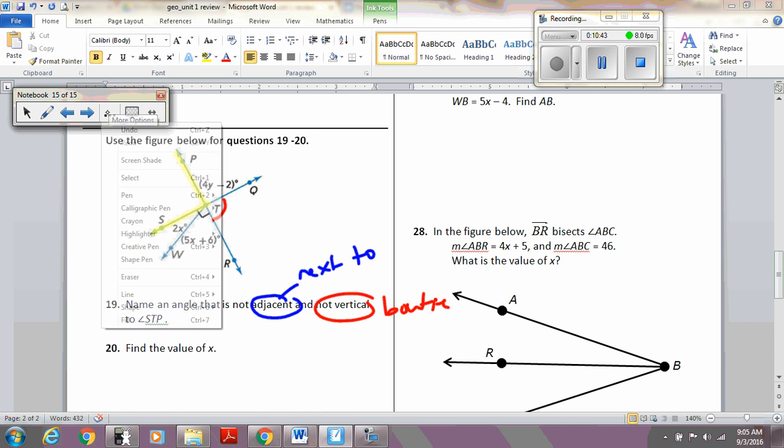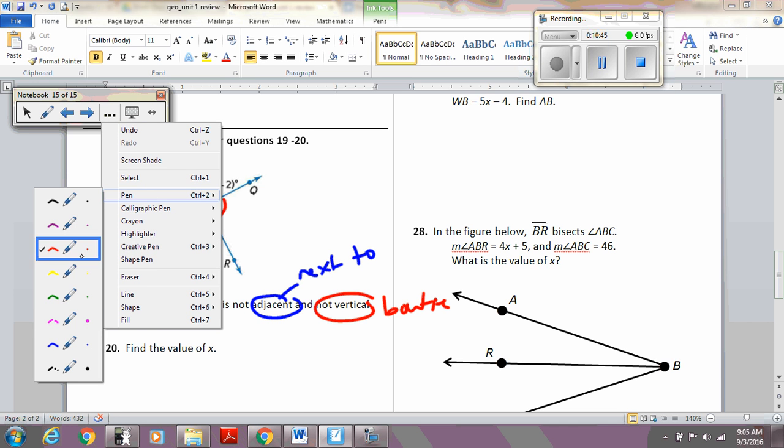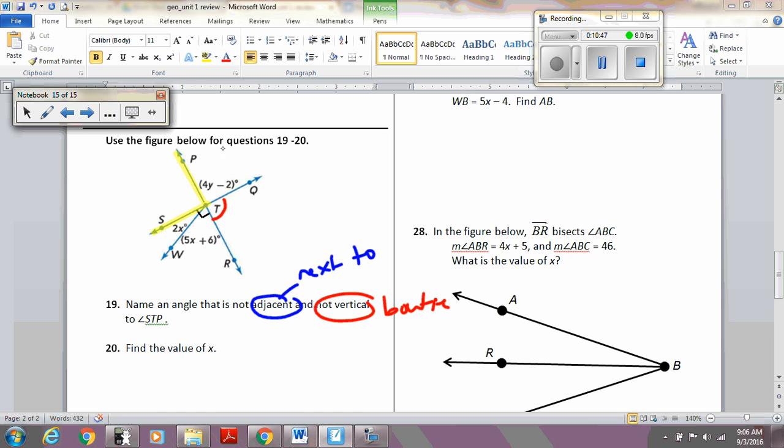Adjacent angles would be angle PTQ and angle STW. They're adjacent. So we don't want adjacent and we don't want vertical.